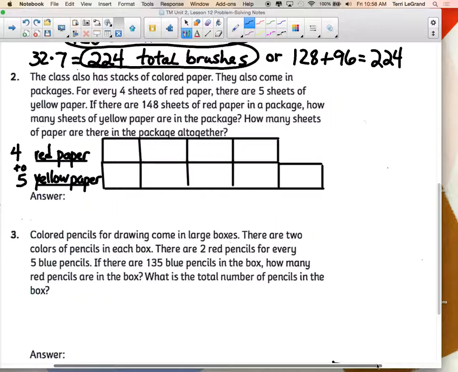What should we do? What should be our next step? You're all done making it pretty. What's our next step?